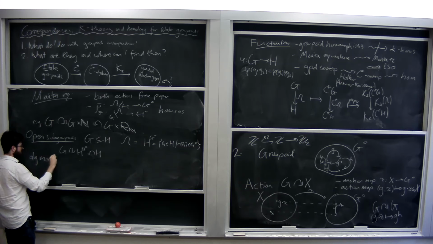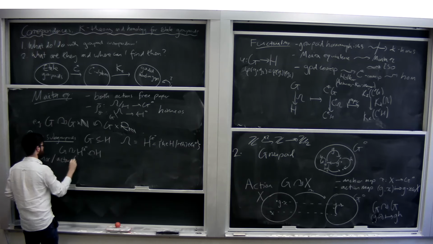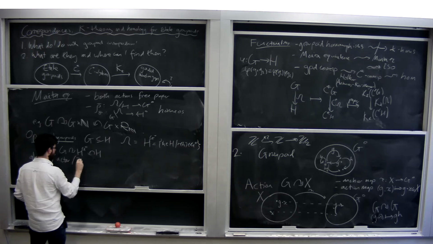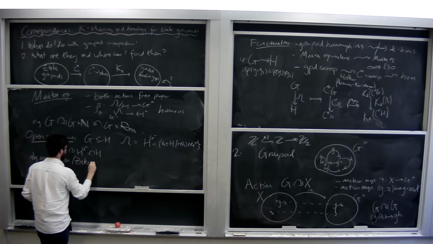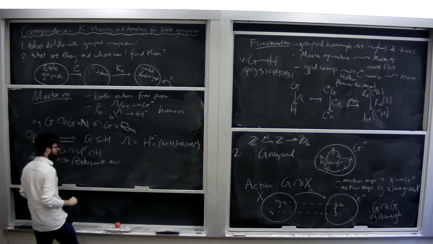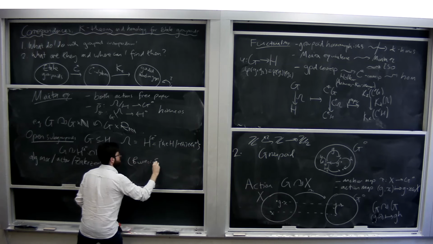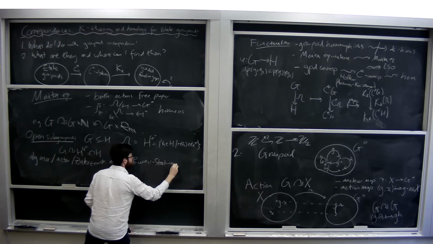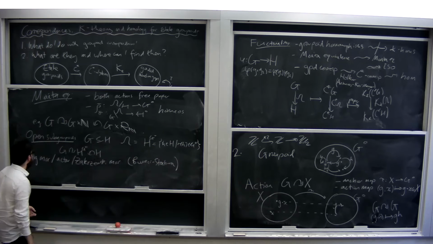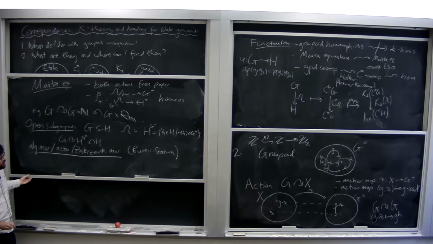The third kind of morphism has many names. One name is algebraic morphism. Another name is actor. Another name is Zakrzewski morphism. This is due to Buss and Meyer, I think.